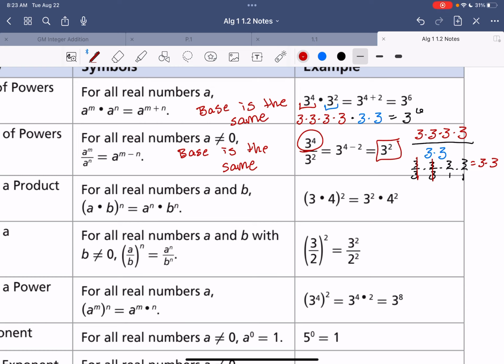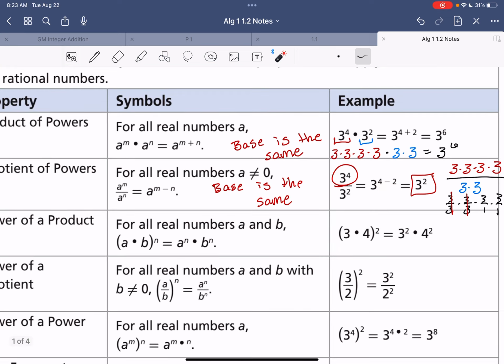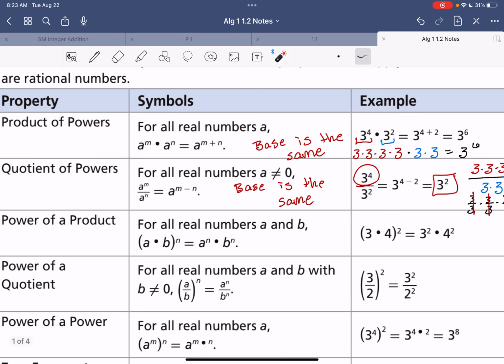So our rule tells us that we can subtract the exponents. So instead of going through this whole process, if we remember the rule, when you divide with the same base, you subtract the exponents. When you multiply with the same base, you add the exponents.